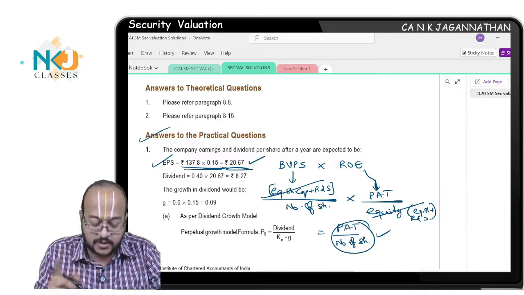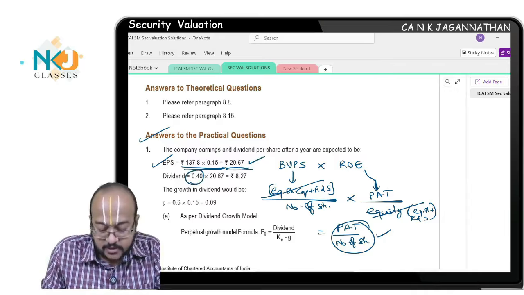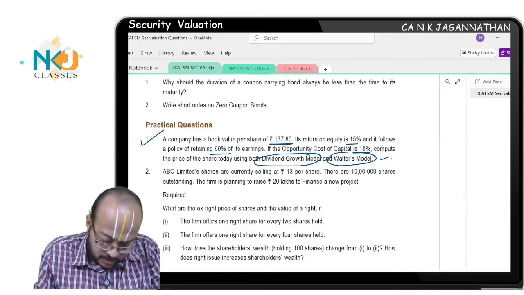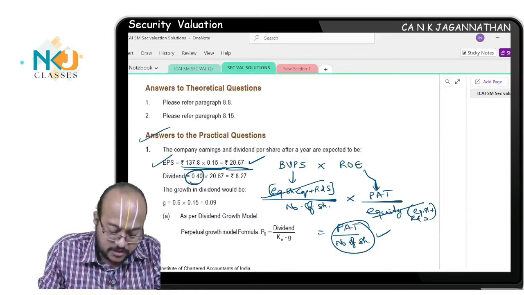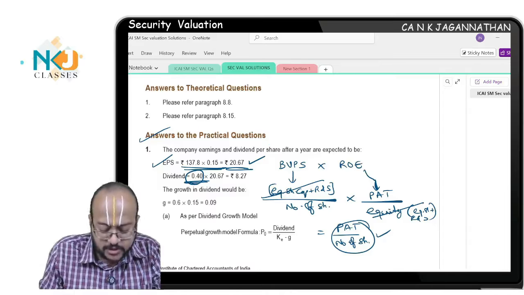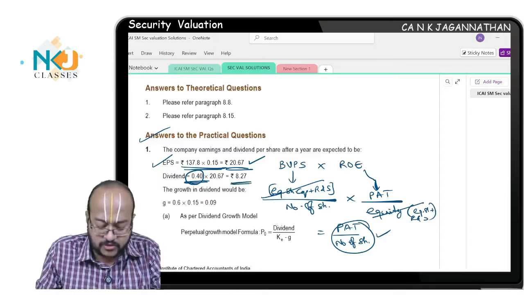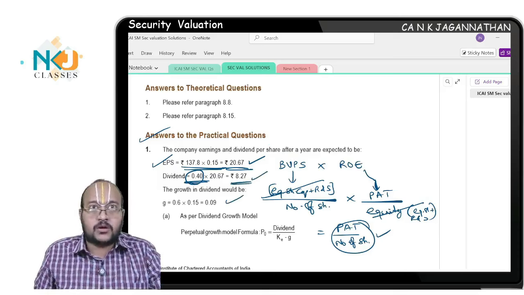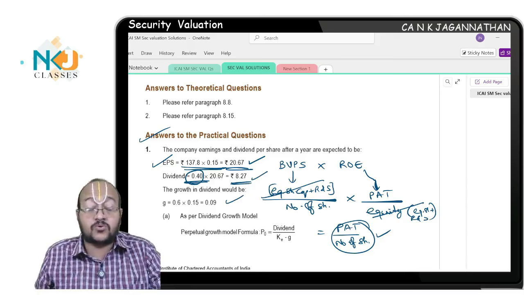Now you have EPS. You have retained 60% of the earnings, which means 60% is the retained portion and 40% is the payout ratio. So 40% into 20.67 gives you 8.27 as dividend. Now you need to find out growth, because we need Ke minus g.